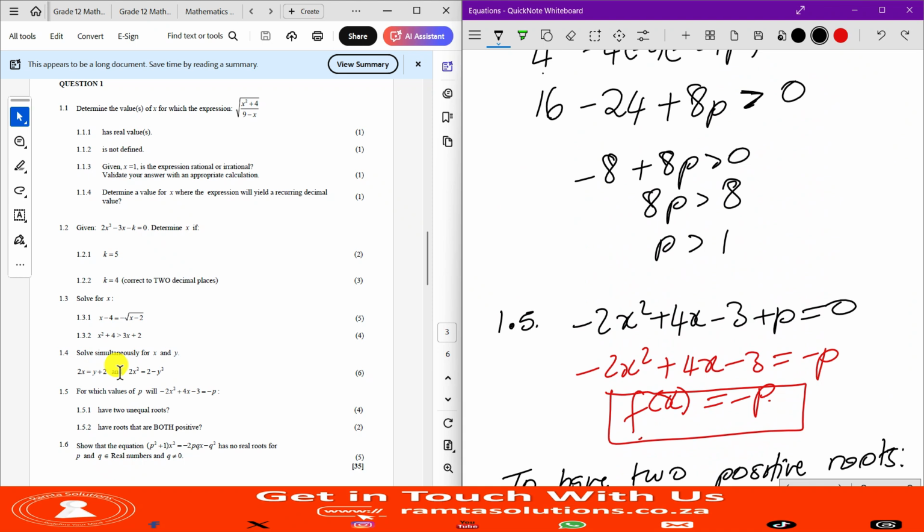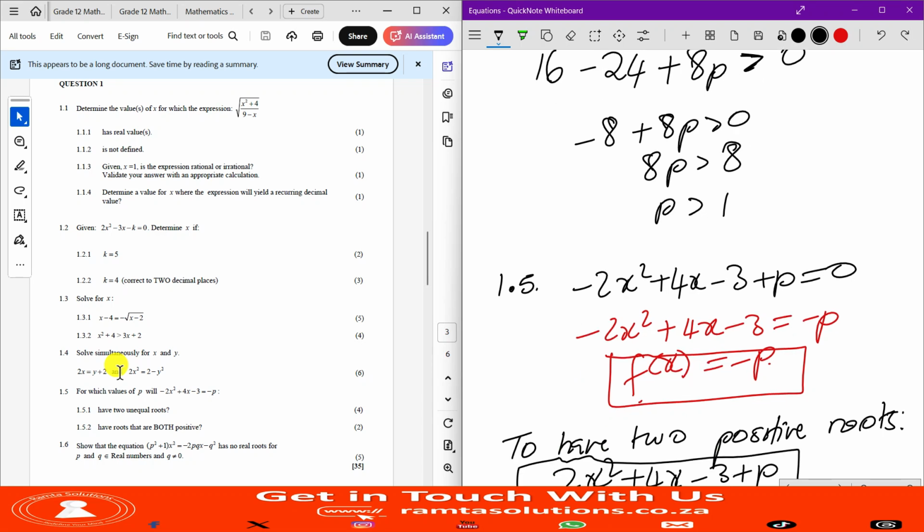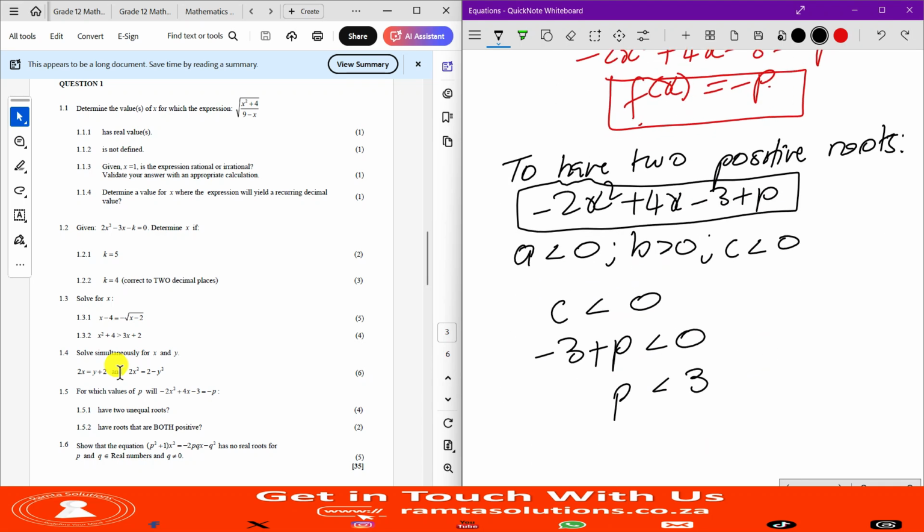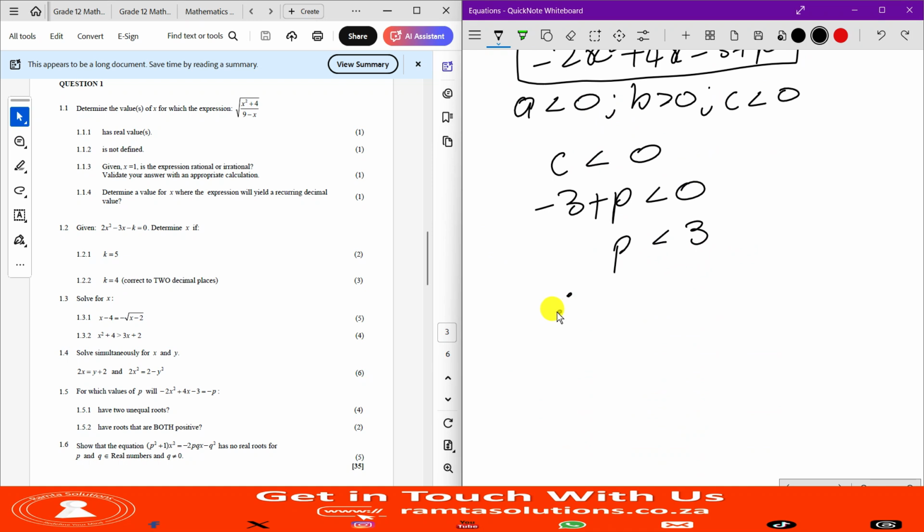You are avoiding a situation where you will have repeating roots. So rather say p must be greater than the one we calculated at 1.5.1, and less than 3. So p must be greater than 1, but less than 3. So here is where we leave this question.